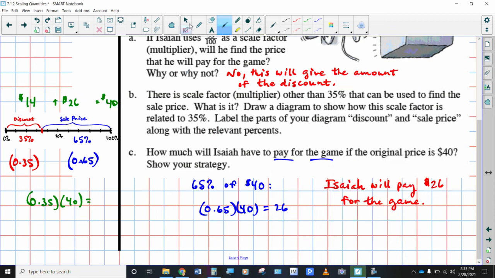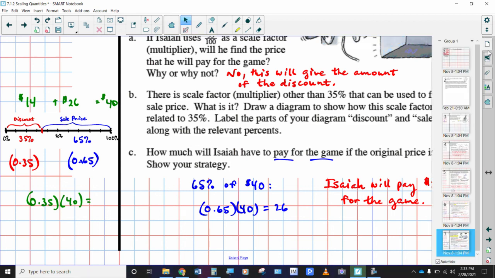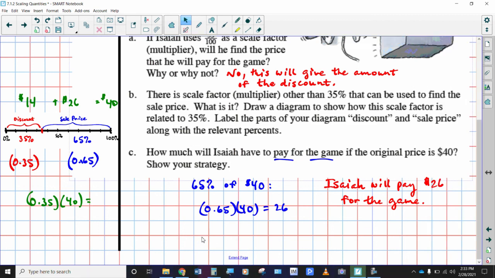Okay. So now you've got a new strategy in play for when you are finding percent of numbers. You can use multipliers, and oftentimes you've got a couple of different options depending on what the question is that you're trying to answer. But more than anything, just understand that percent can be converted to a decimal or to a fraction, and then multiplied times the total to find the percent of a number.